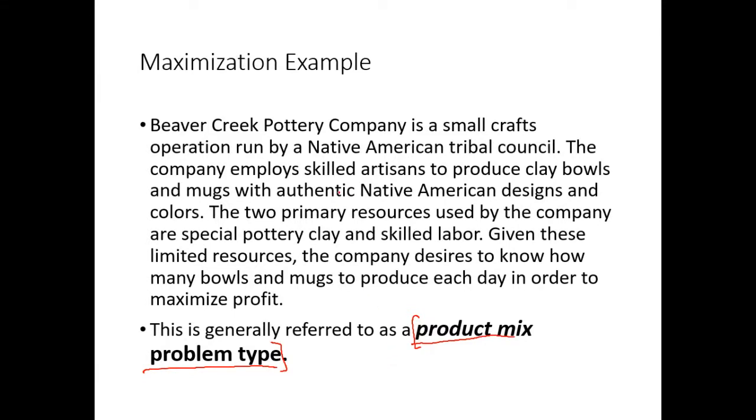Beaver Creek Pottery Company is a small crafts operation run by a Native American tribal council. The company employs skilled artisans and labor to produce clay bowls and mugs. So this company has 2 products, one is the clay bowls and the other is the mug.